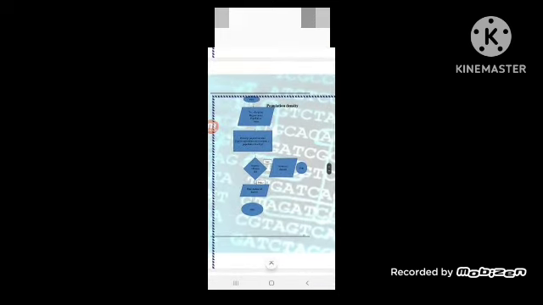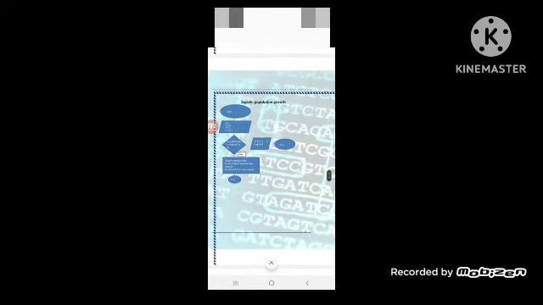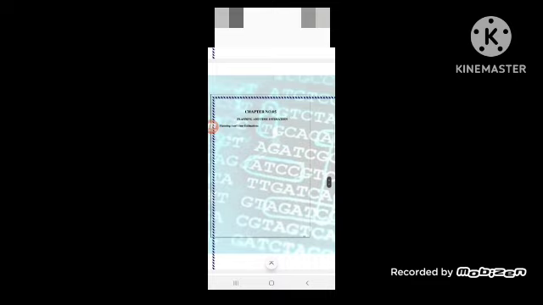This is the flow chart of age pyramid, flow chart of population density, flow chart of logistic population growth, flow chart, planning and time estimation.